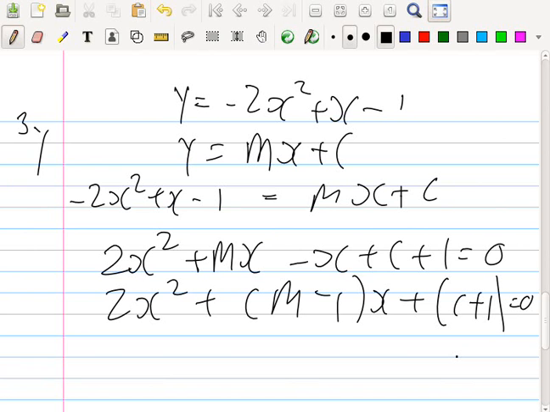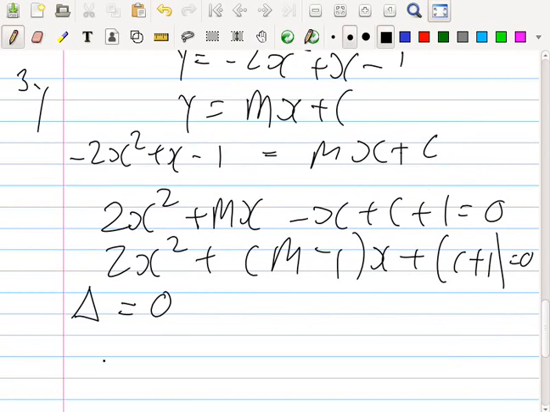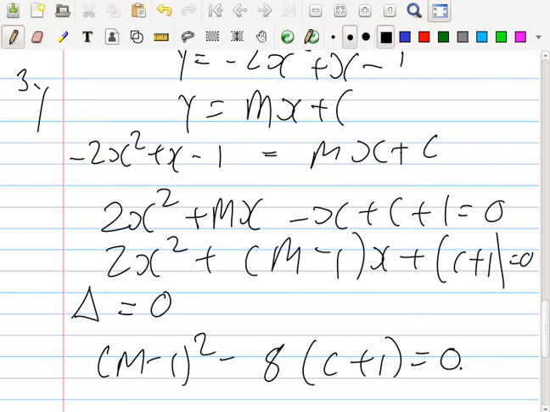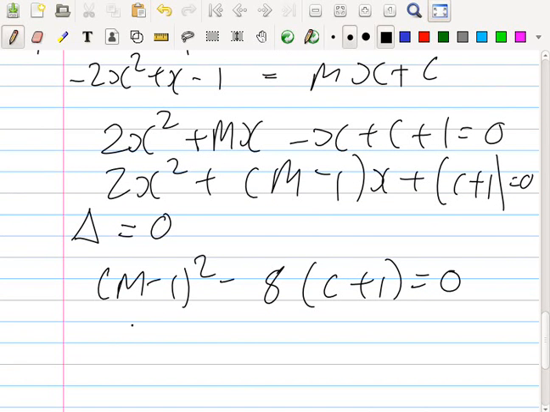Now, because this touches the quadratic at one place and one place only, what should the discriminant be? Should be 0. So you get b squared minus 4ac should equal 0. So you get m squared minus 2m plus 1 minus 8c minus 8 equals 0.